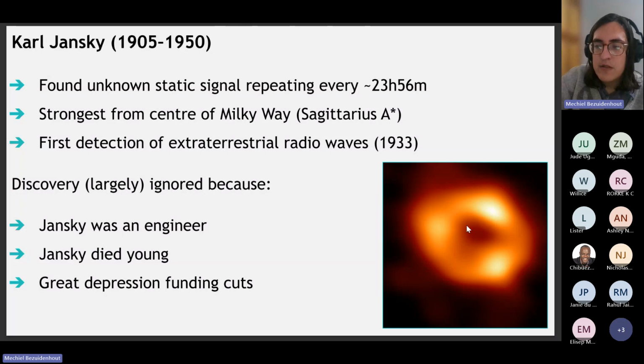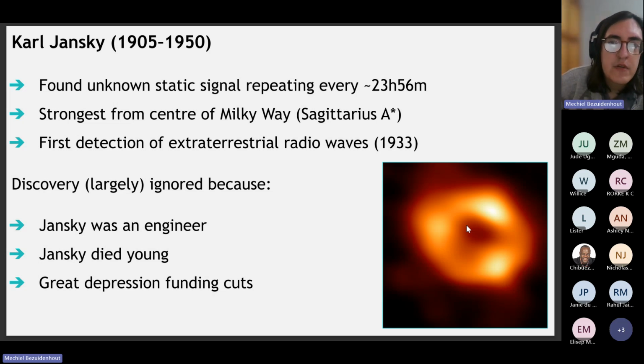But he found in his data there was one specific source of static that he could not account for. And very interestingly, that source of noise was fluctuating, repeating, going up and down more or less every day.